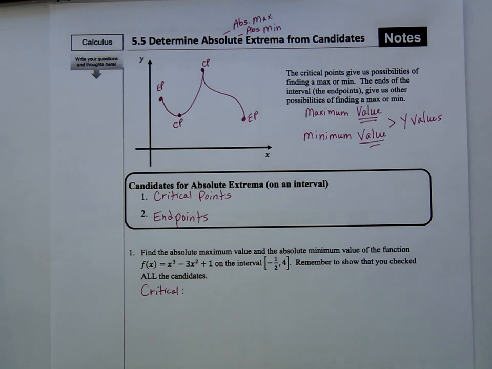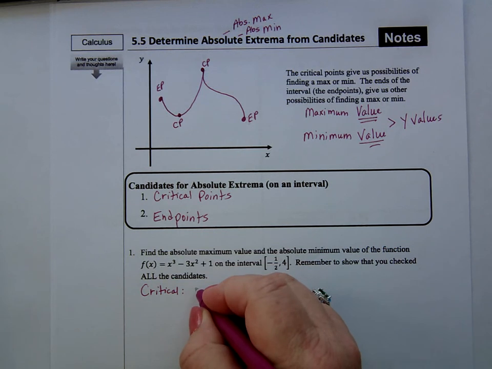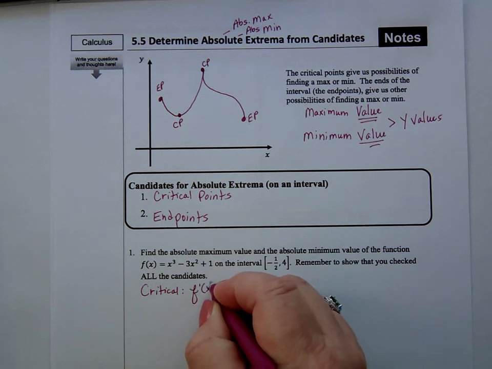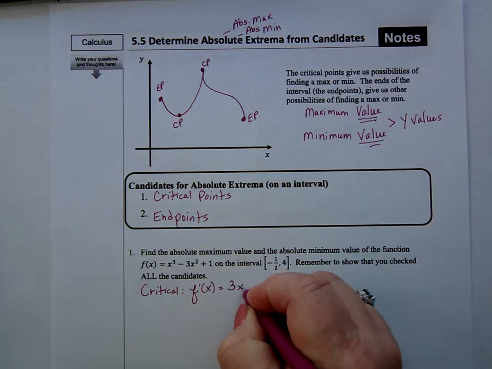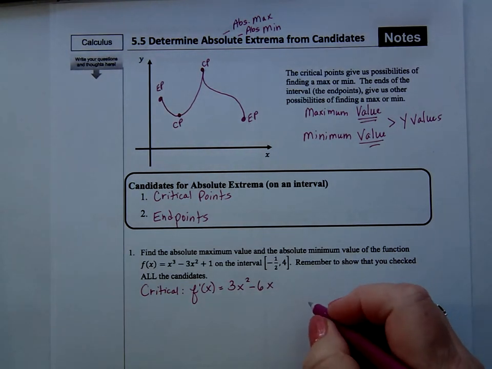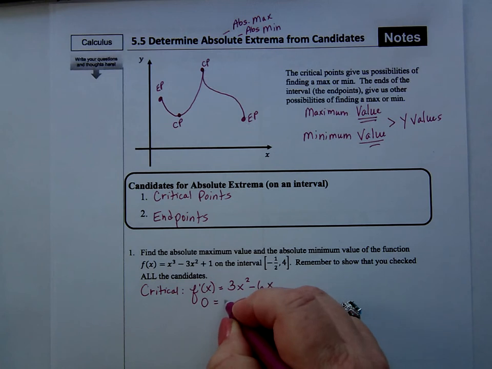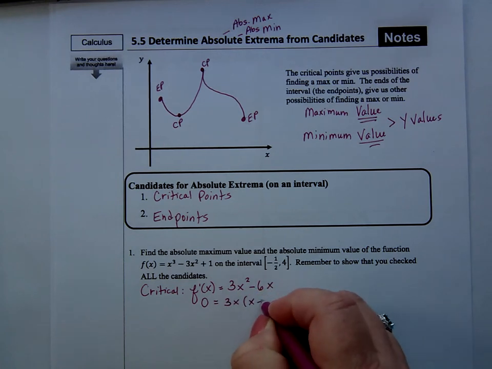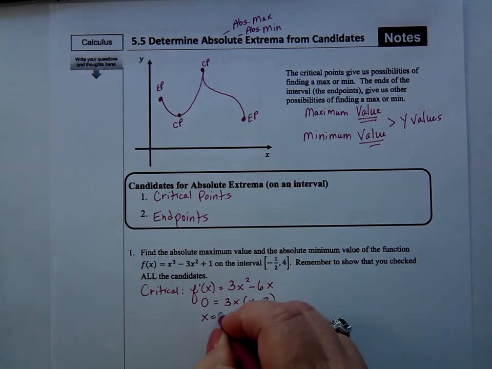Remember from previous lessons, to find a critical point, you are taking the derivative, 3x² minus 6x, and I'm setting it equal to 0 and solving for x.